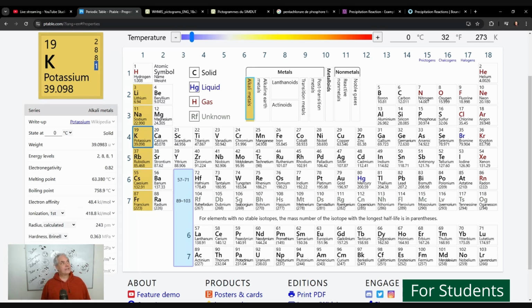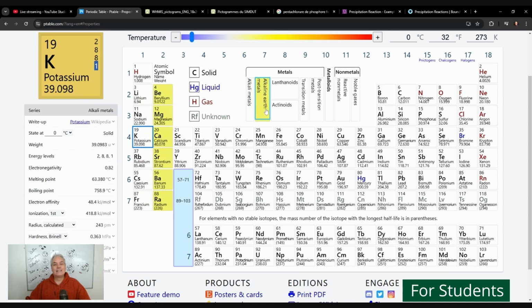Because they have similar characteristics, they react to water. Another one is that they're very soft metals. They behave similarly because they have a similar number of electrons on their outer shell.